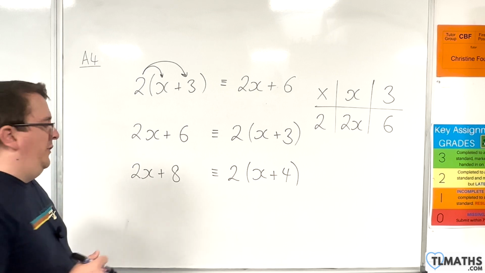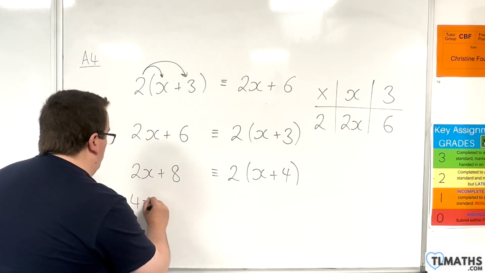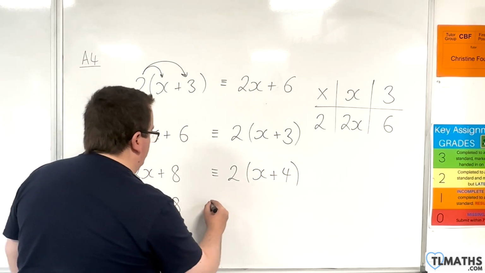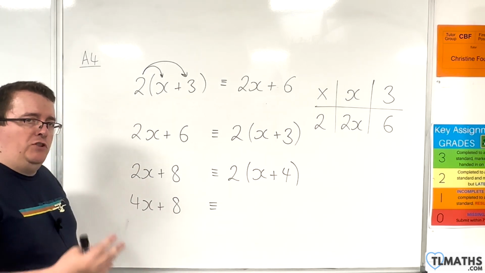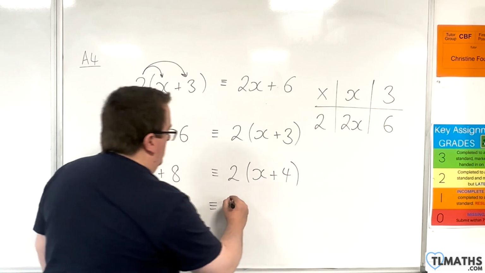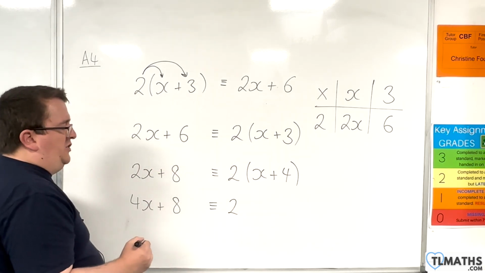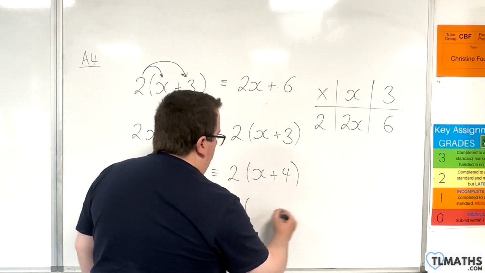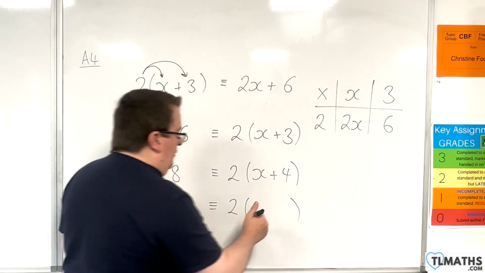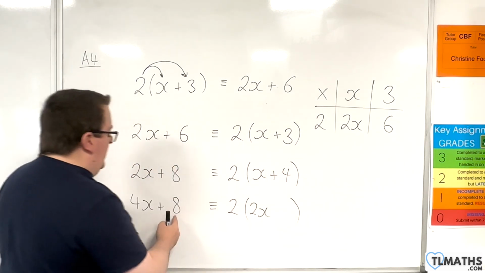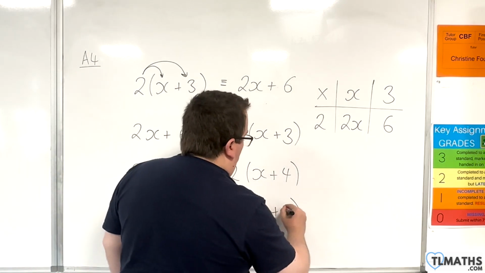Let's take a look at another example. Let's do 4x plus 8. Now again, both the 4 and the 8 have a common factor of 2. So I could factor 2 out of a single bracket, and then 4x divided by 2 is 2x, and 8 divided by 2 is 4.